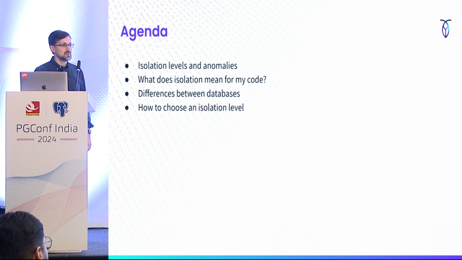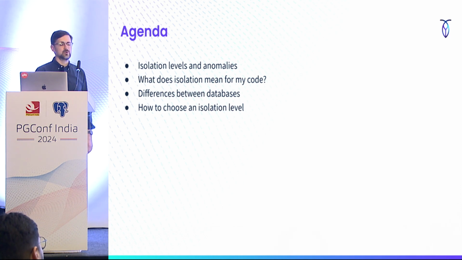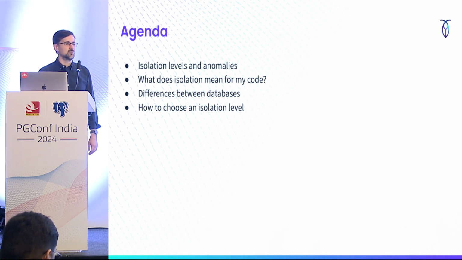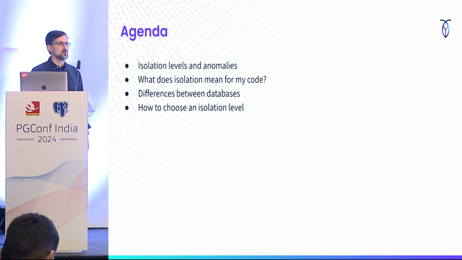We'll talk about some of the ways that these isolation levels can be implemented differently between different databases, including in particular Postgres and CockroachDB, but I'll also touch on a few other names you might have heard of, and wrap up with some practical guidance on how to choose the right isolation level for your application.